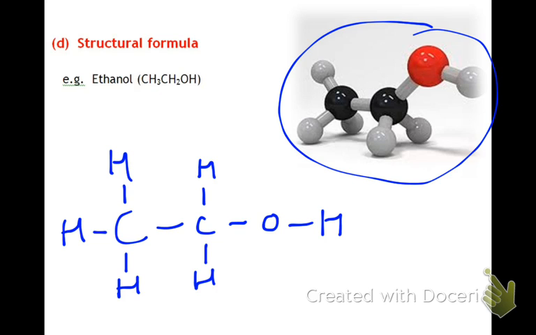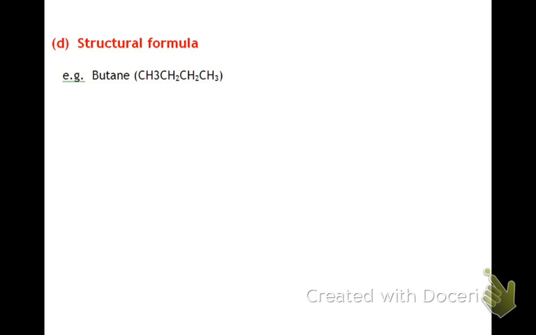You'll see from the bonding here, those 2 carbons happen to be in a straight line, but because of the nature of the bonding around this carbon, there's an angle there up to the oxygen, and again another angle there, and that has to do with the orbital arrangement around the oxygen. But just be aware that even though we draw them as straight and flat-looking molecules, they do have a three-dimensional nature to them.